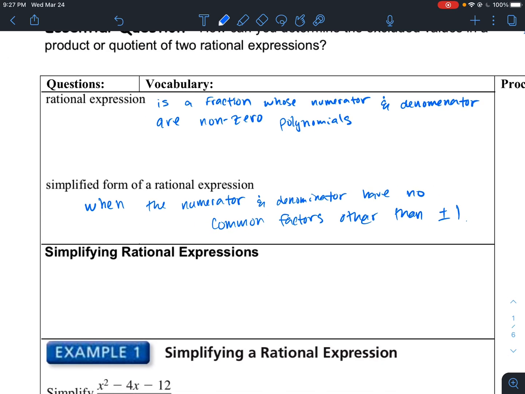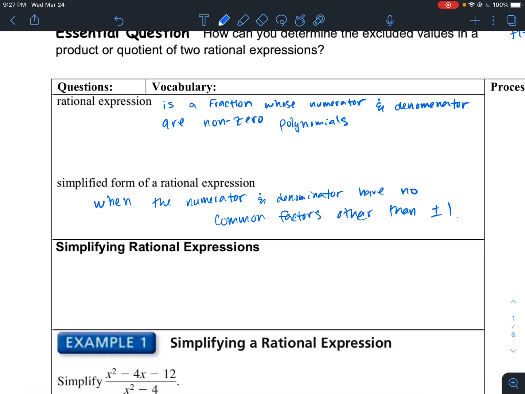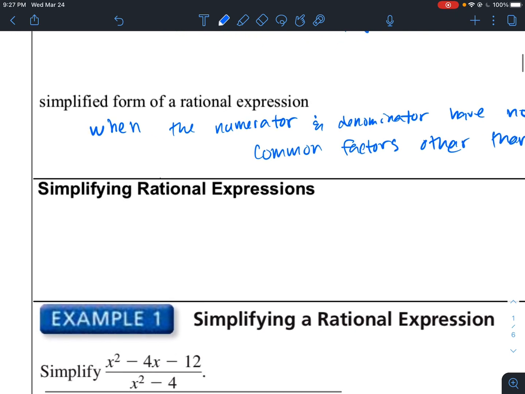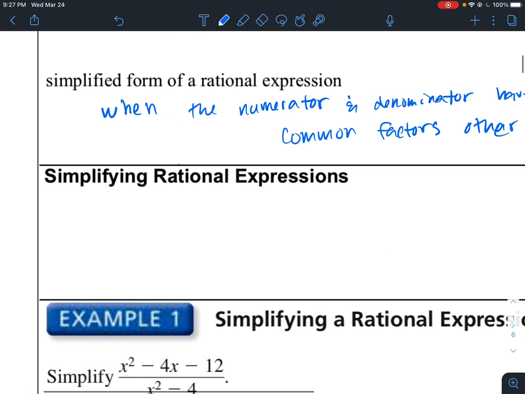So you simplify a fraction whenever the numerator and the denominator have common factors. That's what we always do. We always make sure that the numerator and denominator are as simplified as possible. So the property of simplifying rational expressions is as follows.